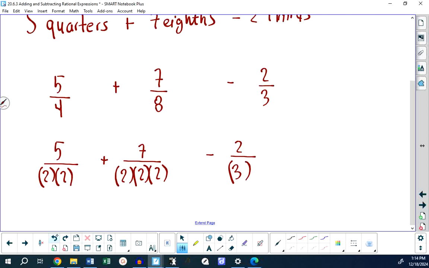You say the lowest common denominator has to be a number which contains all of the factors of the first denominator, period, and all of the factors of the second denominator, period, and all of the factors of the third denominator, period. So we look at each of them separately. The lowest common denominator has to contain 2 times 2, because the first denominator contains two 2's.